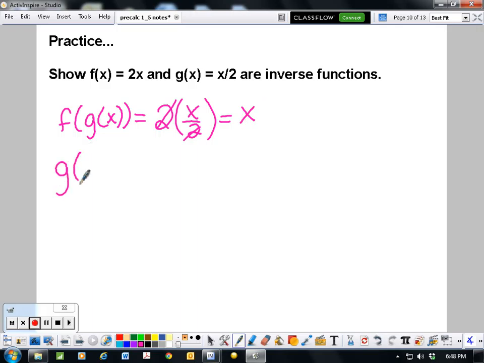And then we do the composition the other direction. So we're plugging f of x into g, so 2x over 2, letting those 2's cancel. So we have verified.